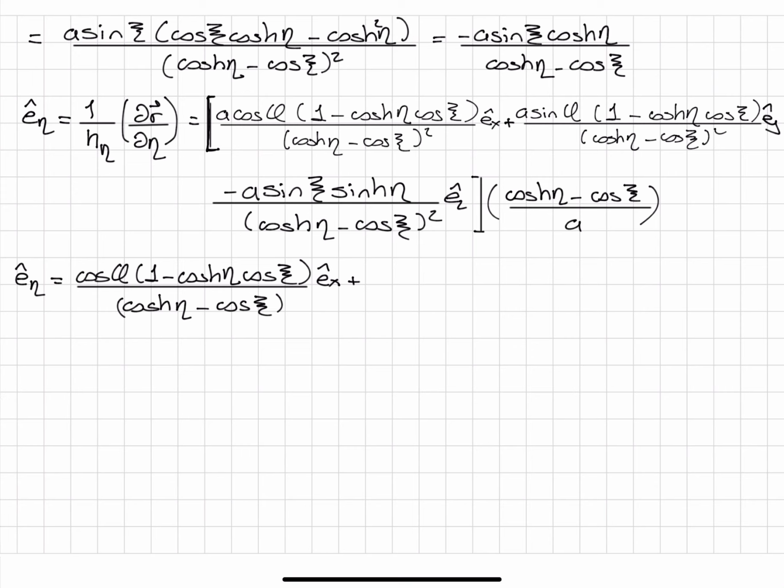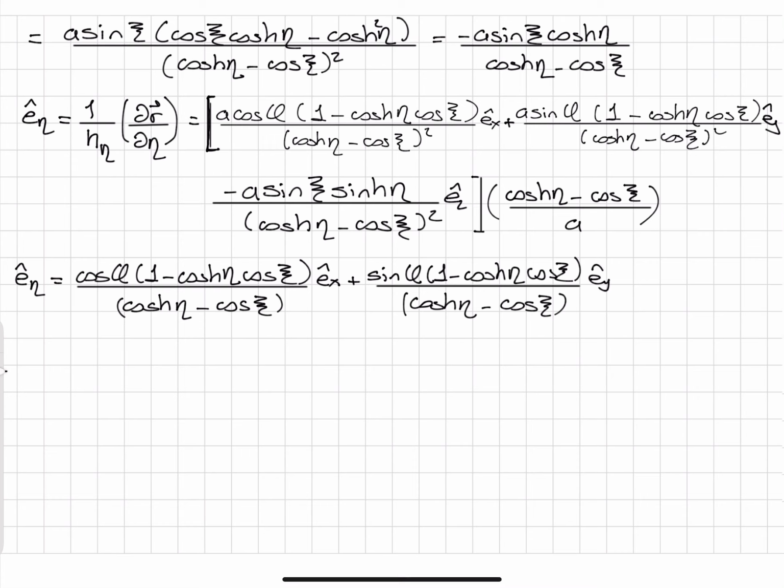This will give us sine phi 1 minus cosine hyperbolic eta cosine psi divided by cosine hyperbolic eta minus cosine psi. This is in EY hat direction.